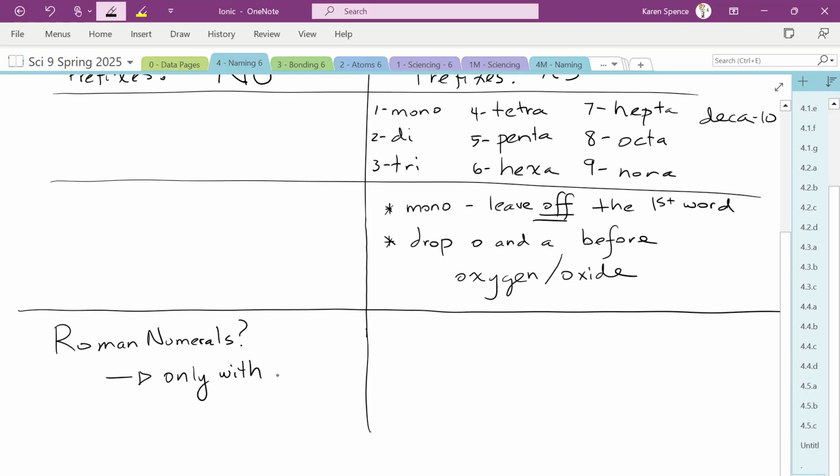Only with red zone metals. Do we use Roman numerals with covalent compounds? No.